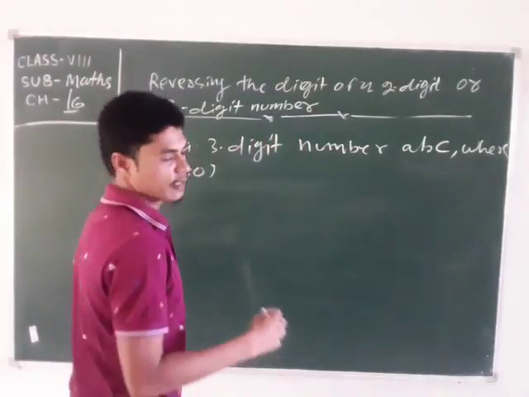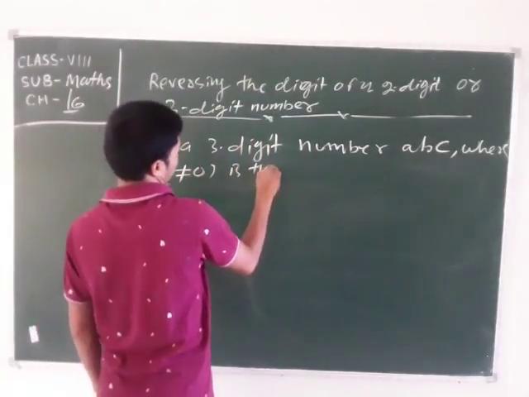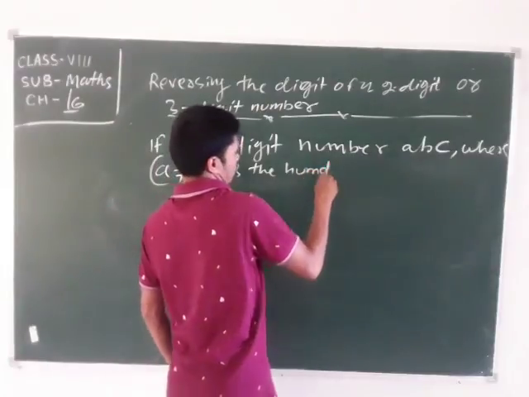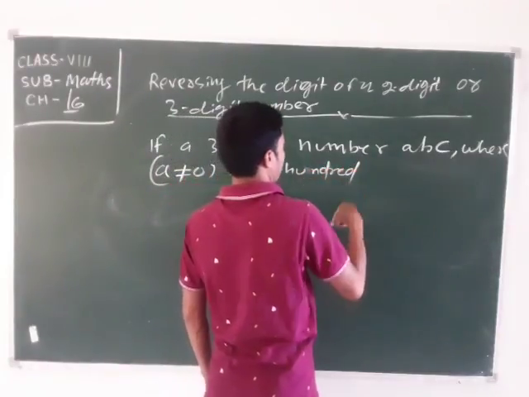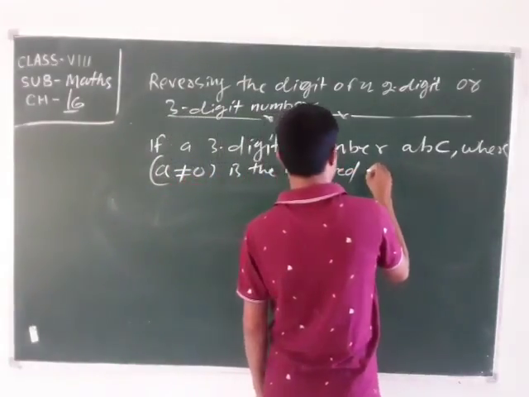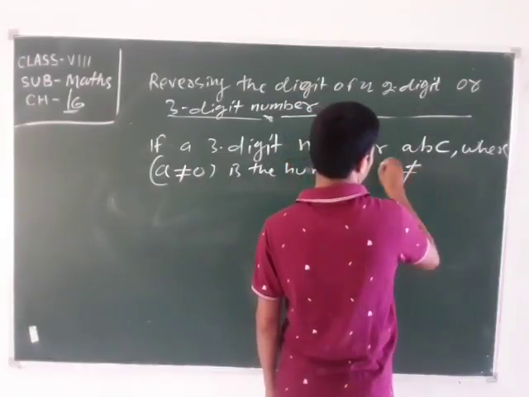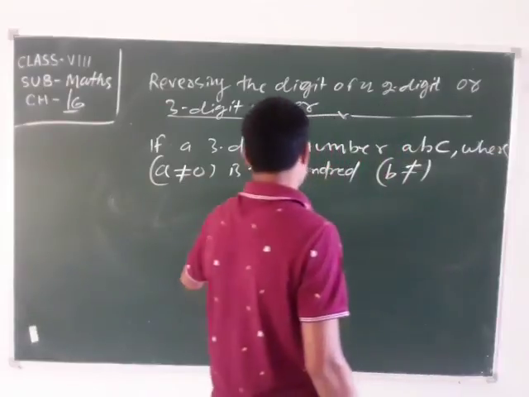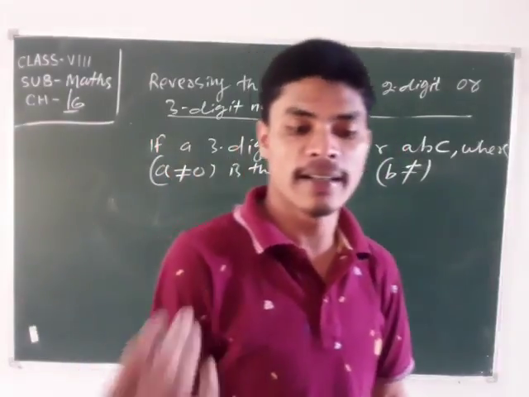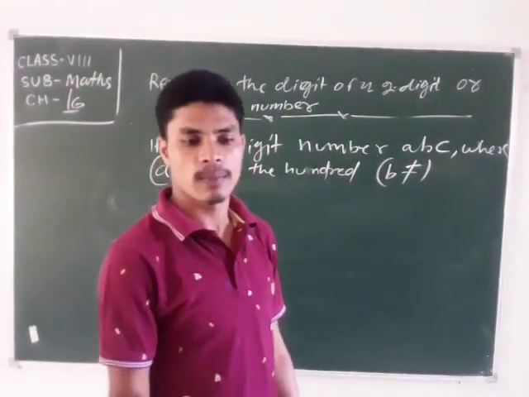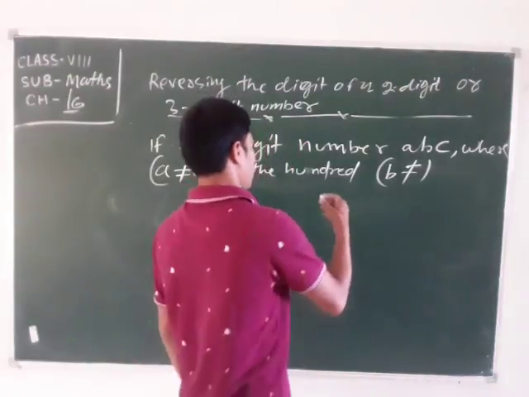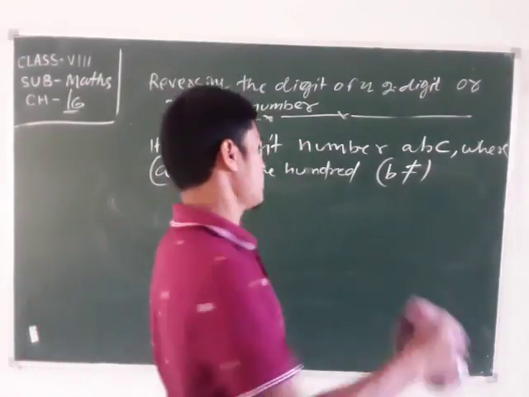Okay, the 100 place, B not equal to 0. That means there is the 100, 100 means the 100's place or 100's digit.